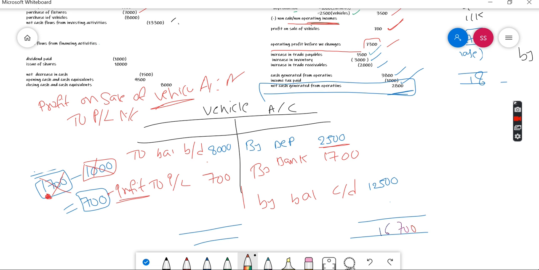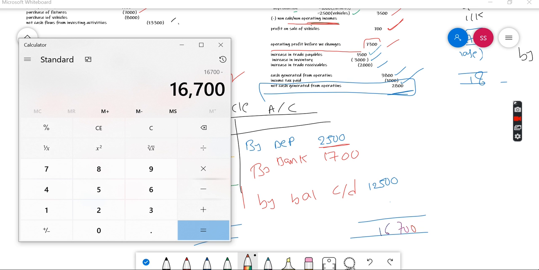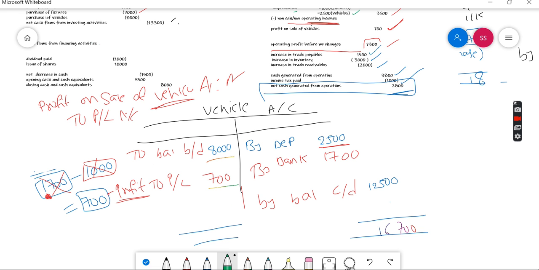And then here 8,000 minus 700, right? So 16,700 minus 8,700 is 8,000. So 8,000 is the shortfall here. That means we bought new vehicles during the year worth 8,000, right? So this is also an investing cash outflow.